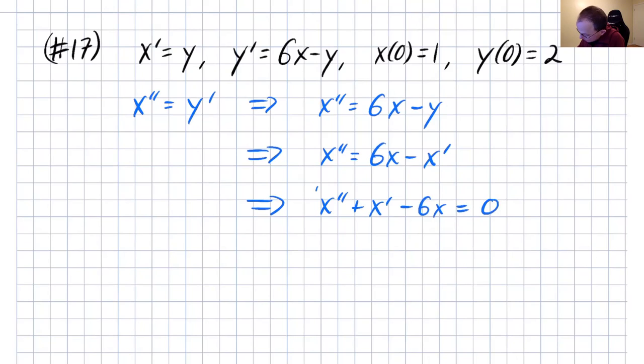There it is. It's a nice differential equation, and we can use Laplace transforms to solve it because we have some initial conditions. The only thing is we need to know what x prime of 0 is. So what is x prime of 0?